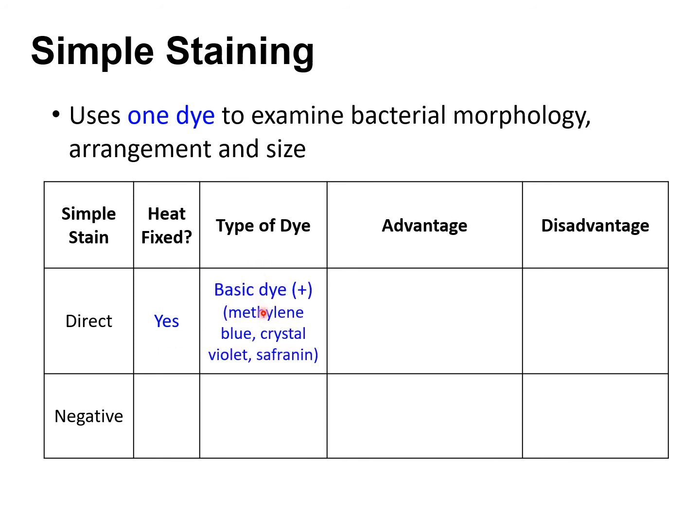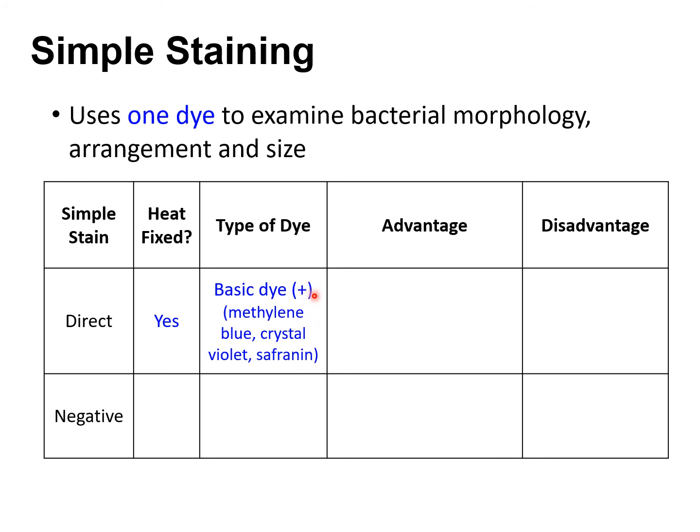The dye that we use with a direct stain or a positive stain is a basic dye. What's known about basic dyes is that they are positively charged. Those are some examples of the basic dyes that we usually use in the microbiology lab.